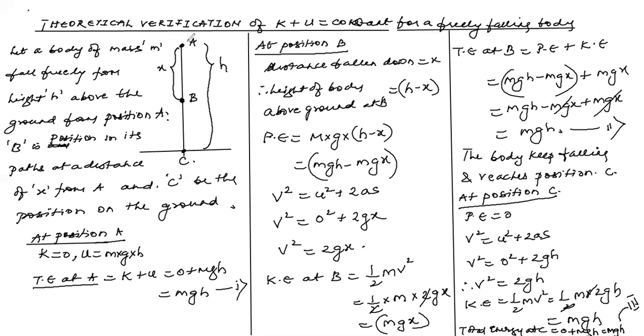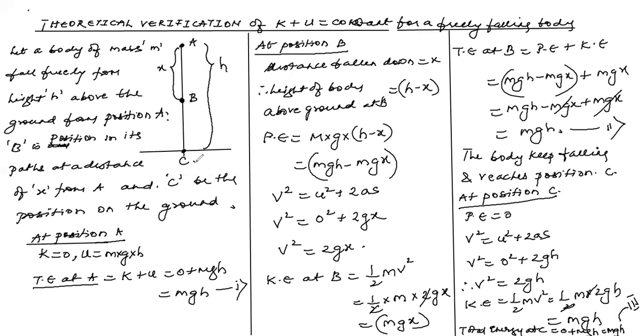Even as it falls to position C, though the potential energy is 0, the kinetic energy is equal to mgh, the energy it had on top. That means throughout this free fall motion, the total mechanical energy of the body remains conserved, constant.